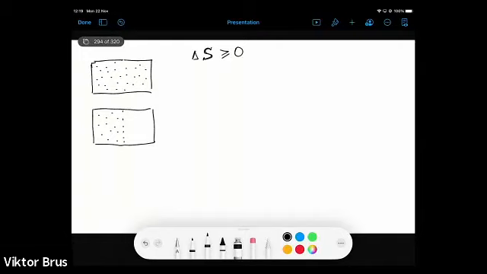So how can we define quantitatively this parameter, entropy? Actually, the change in entropy, meaning the differential of the state parameter entropy, provides some physical meaning and can be defined.